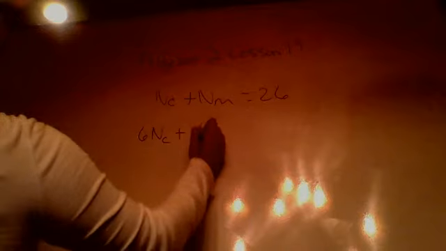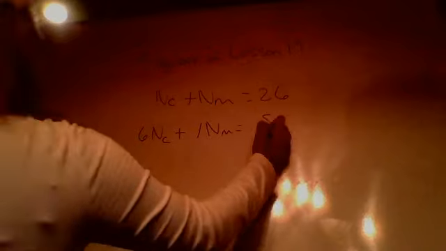So 6 times the number of cod plus 1 times the number of mussels equals 86. Because he said the cod cost 6 pence, the mussels were 1 pence, and it cost him a total of 86 pence. So that's how we get this. And we can drop the 1. It's an implied one. We don't ever have to write it.